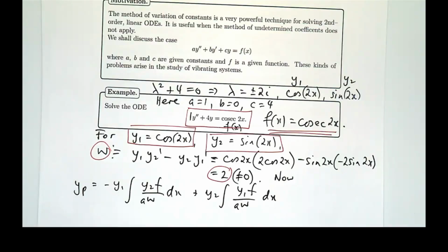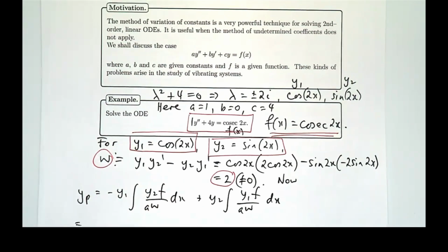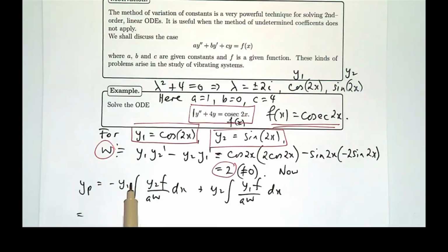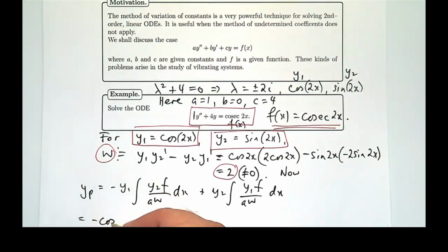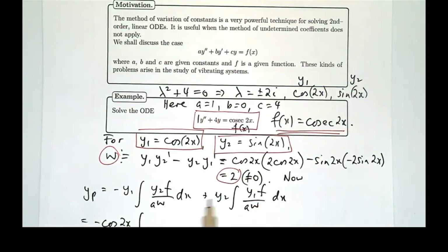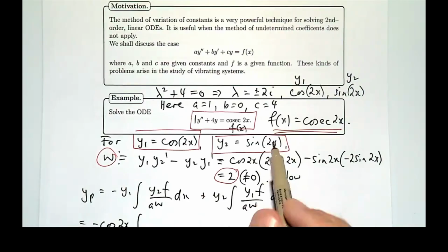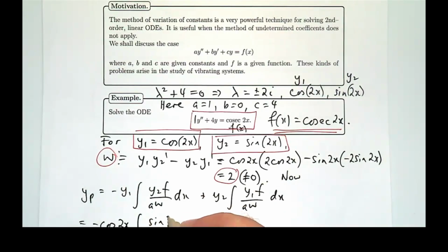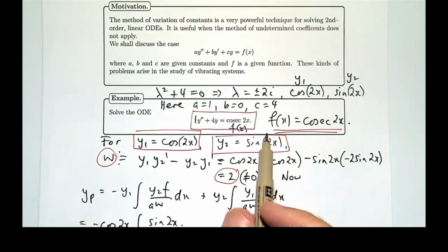Now, we are going to have to do some integration, but hopefully we can handle it. Okay? All right. So, all right, A is 1, so that's good. W is 2. y2 is sine of that. And I'm going to multiply by cosec.